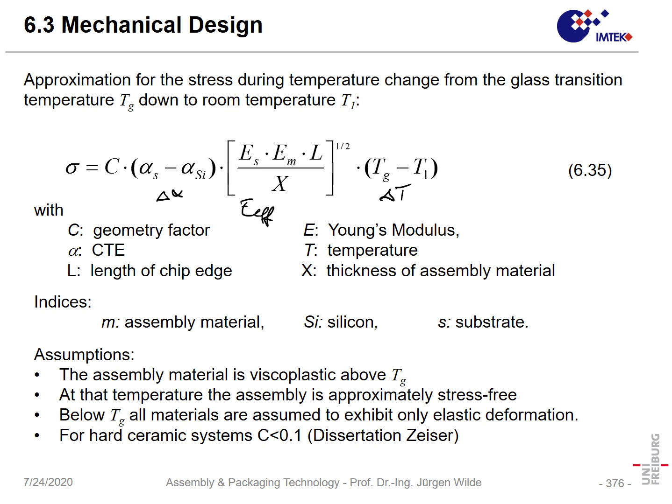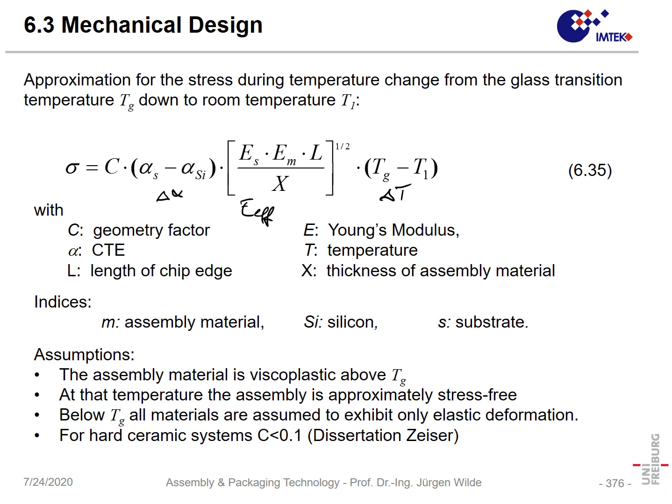And here we can say in that formula that there are two phenomena. The first phenomenon is the substrate. The harder the substrate is, the more it will try to resist against deformation, and that makes it clear that higher substrate modulus will lead to higher stress.